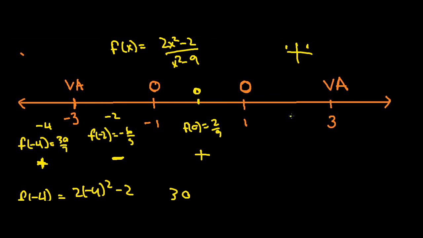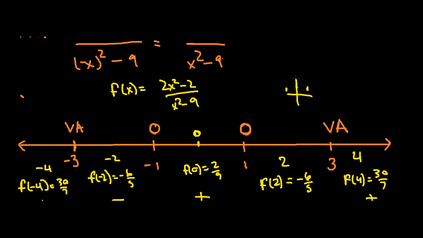So I know if I put in positive 2, so f of positive 2, I'm going to get the same thing over here, minus 6 over 5. And same thing for this one, positive 4. f of 4 is equal to 30 over 7. So that was a minus, and this is going to be a positive. Because that's what symmetry to the y-axis means.